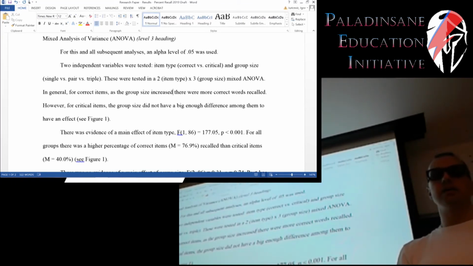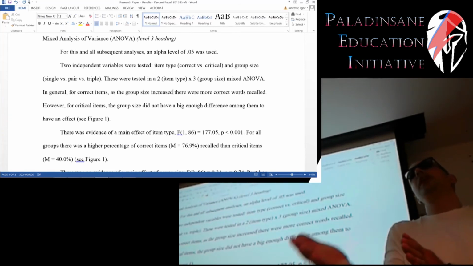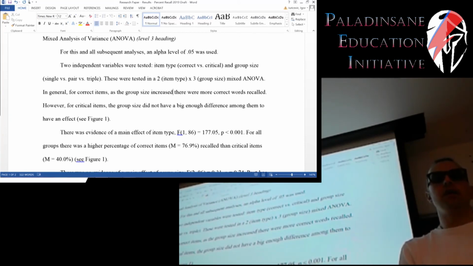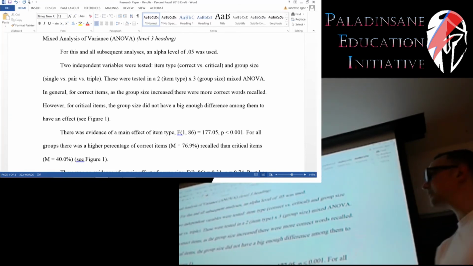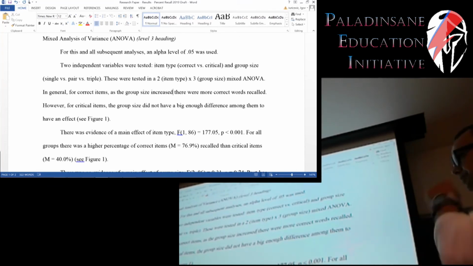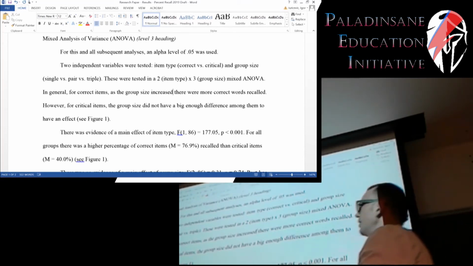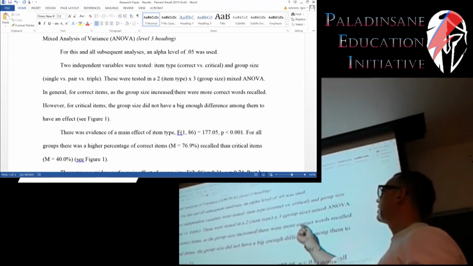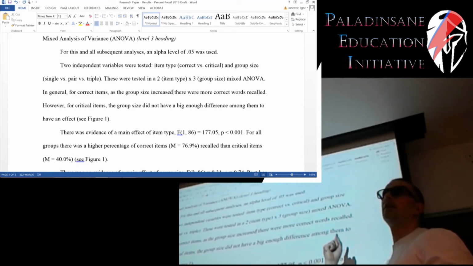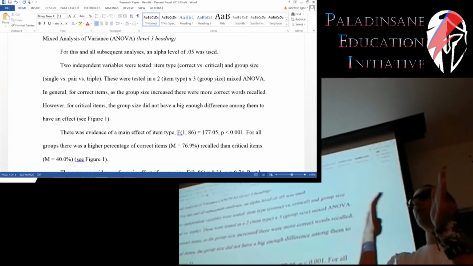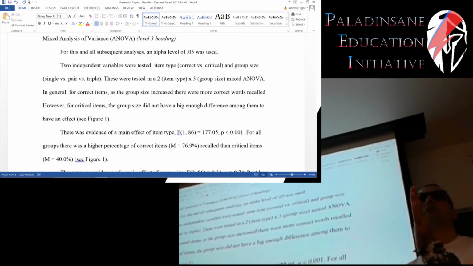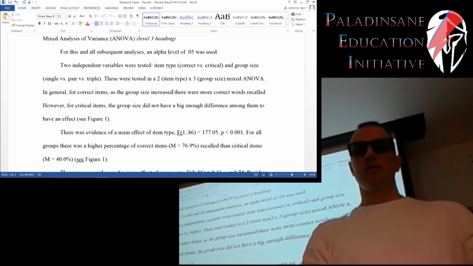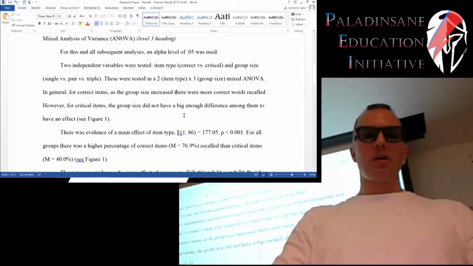So let's see if we can communicate that a little bit more effectively. So we go as group size increased, and then we go more correct words recalled. Is there a way to kind of keep it more parallel? As group size increased, so did the number of correct words recalled. Okay.